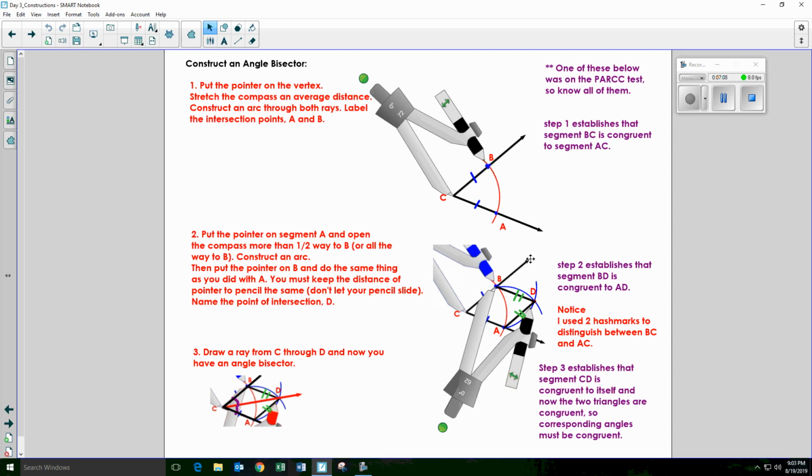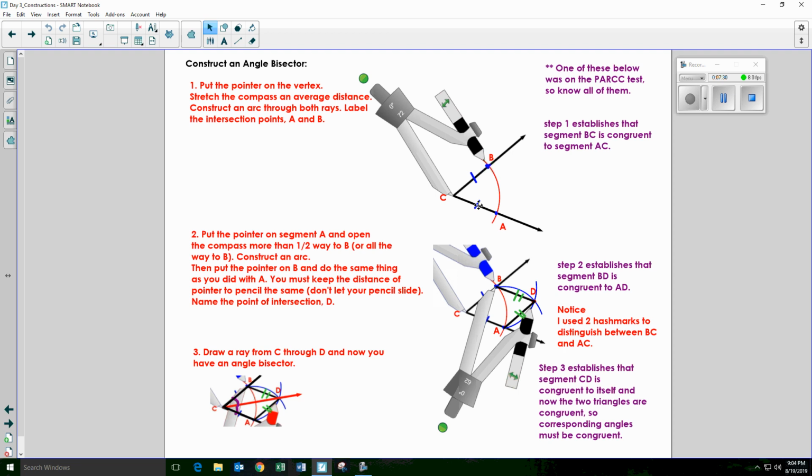Okay, so that's the steps, but sometimes they'll ask certain steps on what is being established in each step. Okay, so step 1, when we drew this arc right here, and then we came up with points A and B, obviously the pointer and this distance right here from here to here is exactly the same all the way.